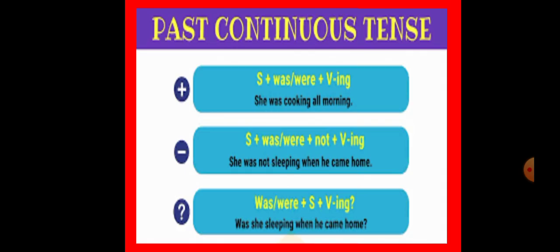She was cooking all morning. When the sentence is negative, yes, subject plus was or were plus not plus verb plus ing. She was not sleeping when he came home. When we raise the question, yes, was or were plus subject plus verb plus ing. Was she sleeping when he came home?